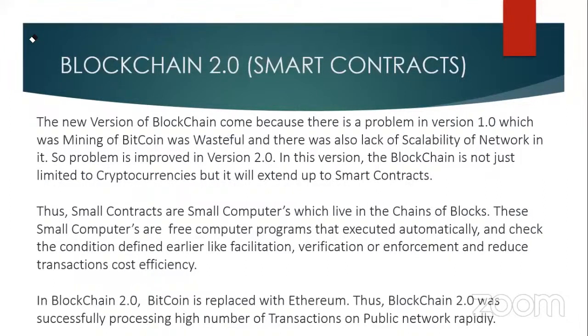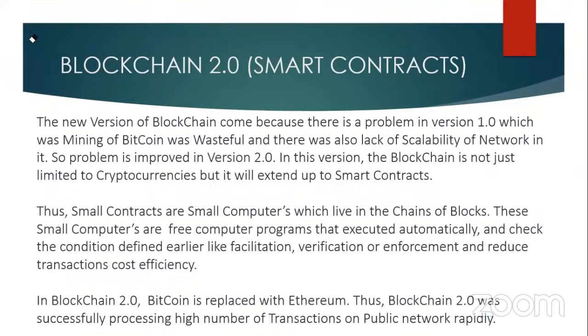Now, blockchain 2.0 made it able to process a high number of transactions on the public network. Every version of the blockchain was working to improve the public blockchain.